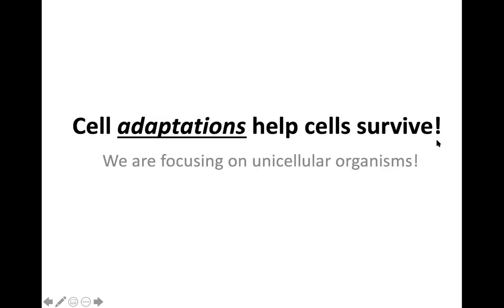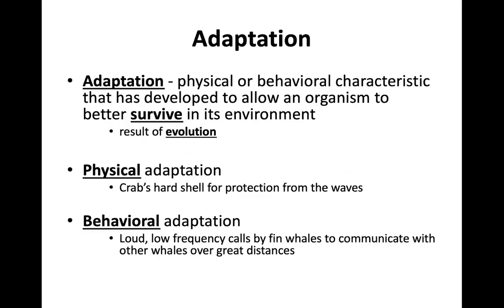So today we're going to talk about cell adaptations, and they are what help cells survive, okay? We're going to focus on unicellular organisms. So what is an adaptation? An adaptation is a physical or behavioral characteristic that has developed to allow an organism to better survive in its environment.